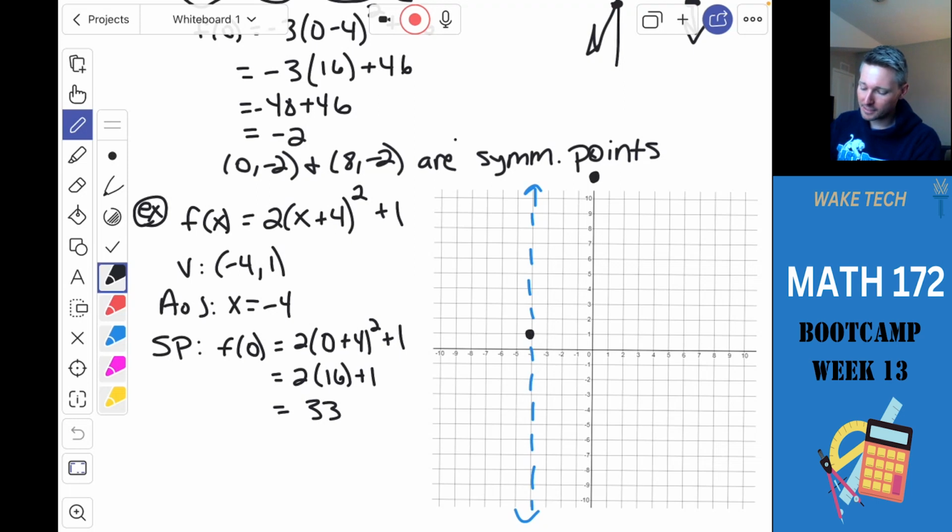But what that means is, if we go 4 units to the right of the vertex, we are up at a y value of 33. The symmetric nature of the parabola says if we go 4 units to the left, we're going to be up at a y value of 33 again.